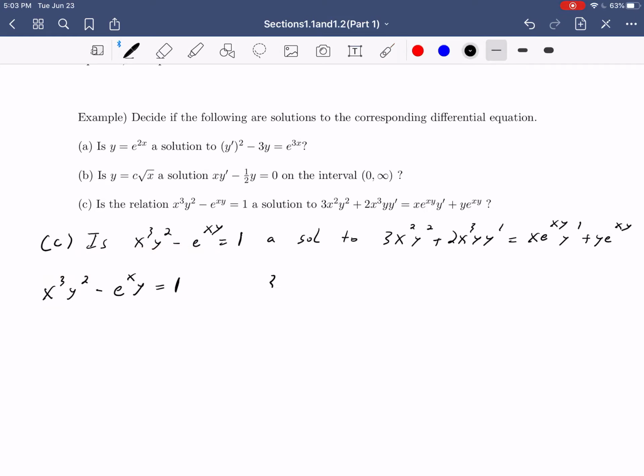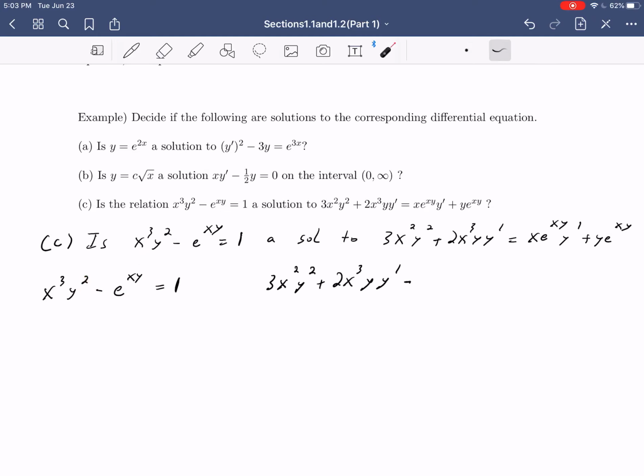If we do that, we should get something like 3x squared y squared plus 2x cubed y prime. That's using implicit differentiation and product rule here. And my bad, this y floated down a little bit. It should be up here. Okay. And then we'll do the same thing here.